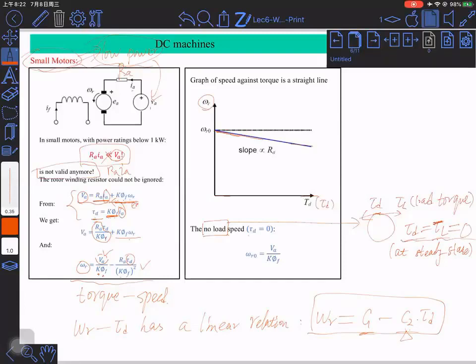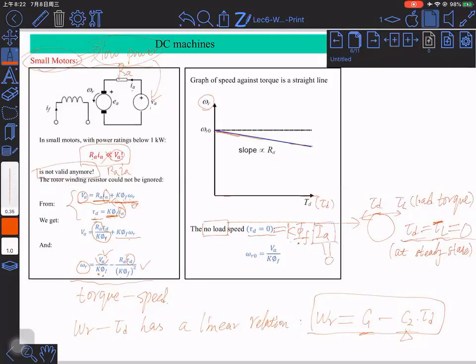Because we have 0 tau d, which is the torque, we have 0 what? K times flux times IA. And the flux is controlled by the field circuit. So assume that it is not 0. In most cases, it won't be 0. Otherwise, your electrical machine cannot work. So if K and the field flux are not 0, what can be 0?